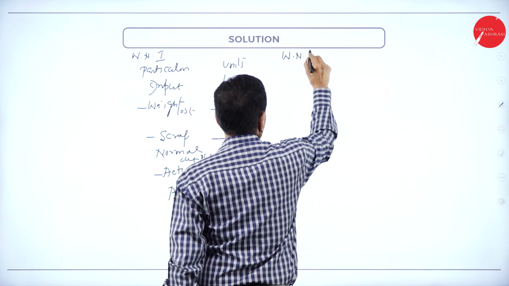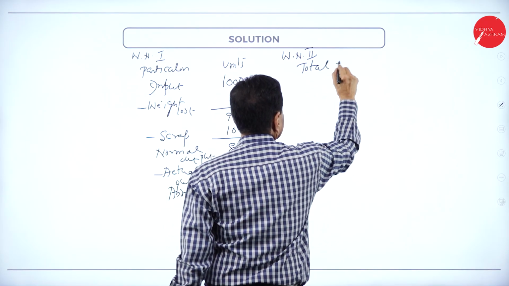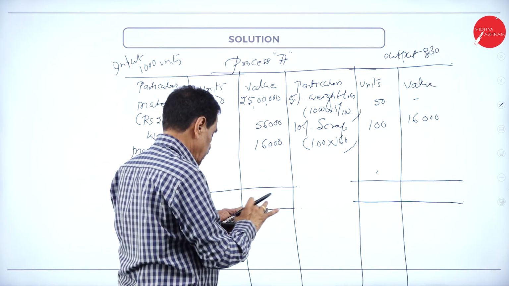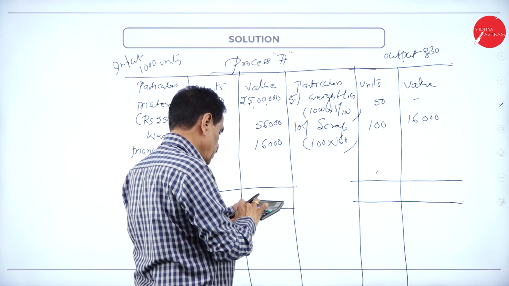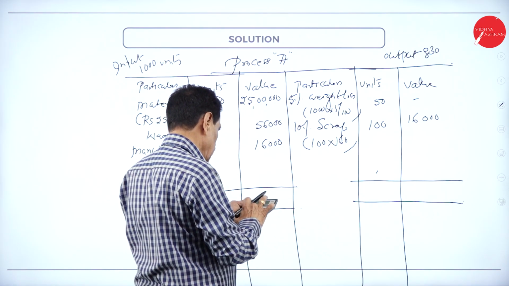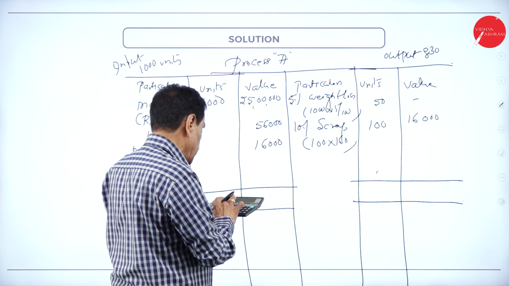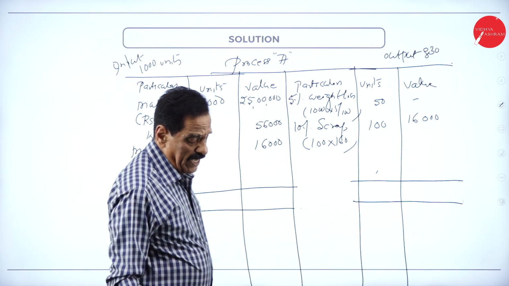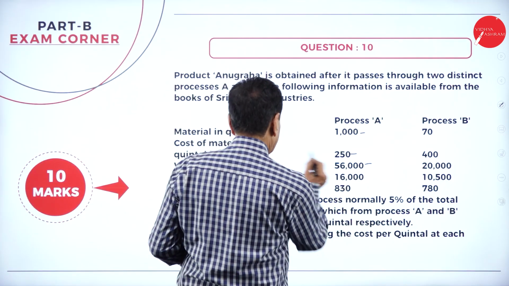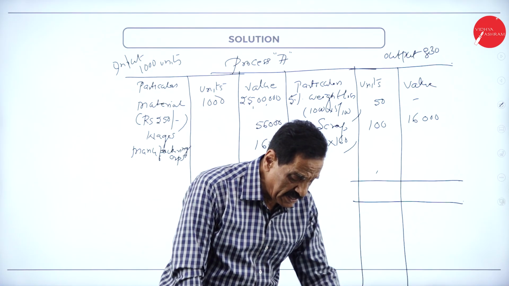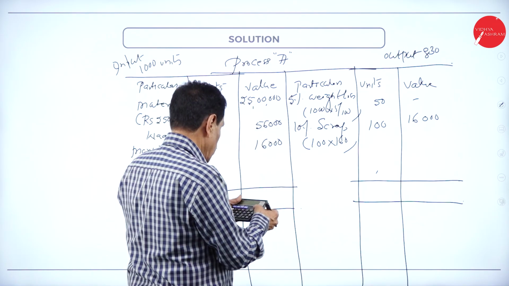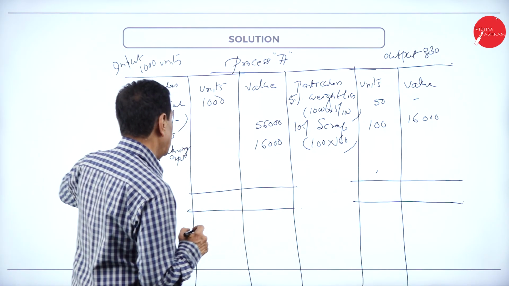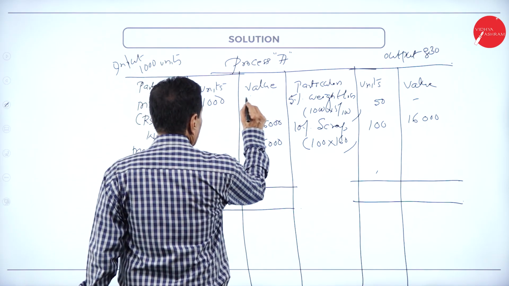Working note number 2. Total expenses. The material is 1,000 units at rupees 250, which is 2,50,000.